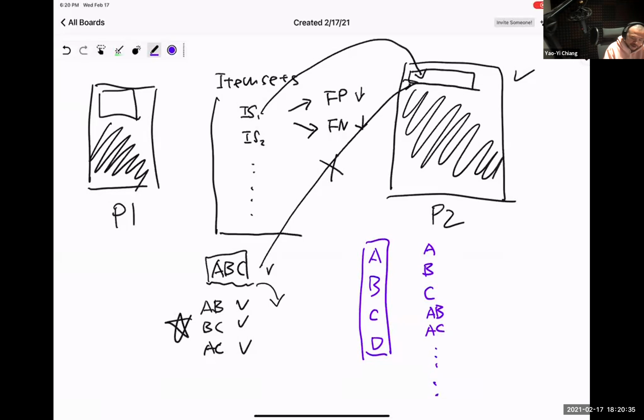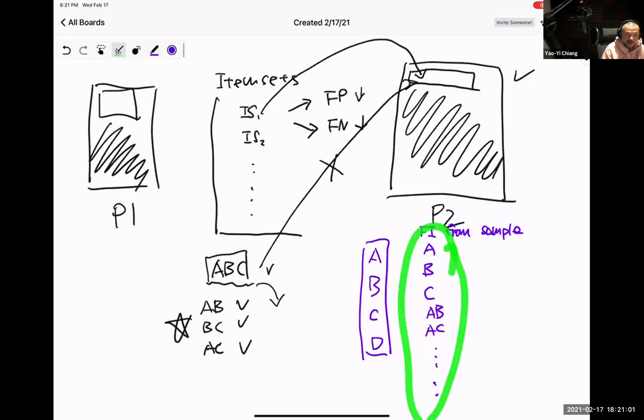So you have larger frequent itemsets, the frequent itemsets from the sample. Are we good so far with this second example? Can I have some response? Okay, good. So we know this set will have false negatives and false positives, right? Because you're calculating this from the sample. That's good.